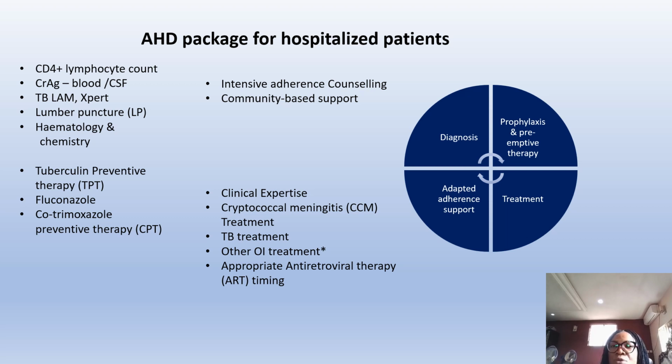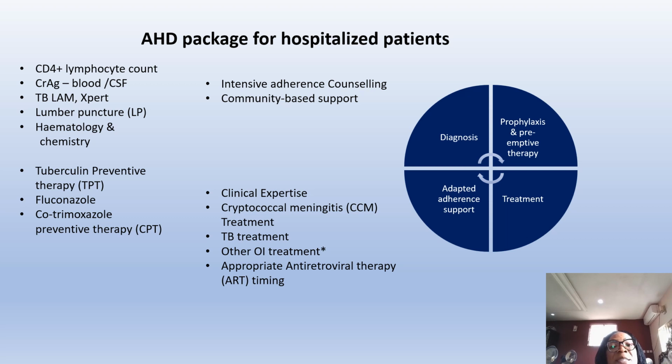You have to be able to make a diagnosis. If cryptococcal meningitis is diagnosed, appropriate treatment is instituted. If tuberculosis is diagnosed, treatment is also instituted with a fixed dose combination of 4 commonly used drugs. And of course, other opportunistic infections are also considered, and if diagnosis is made, treatment is started as appropriate.